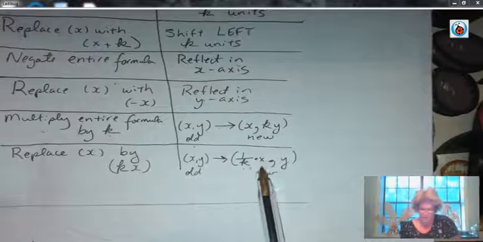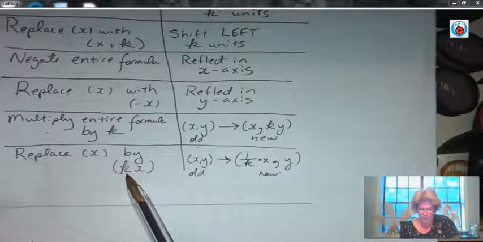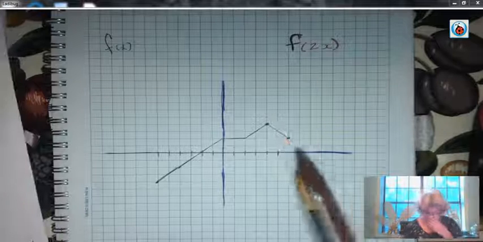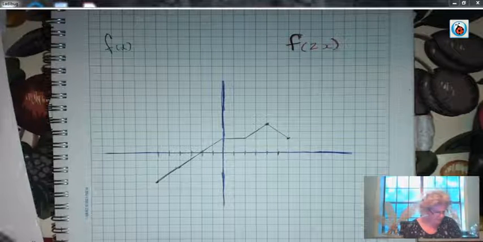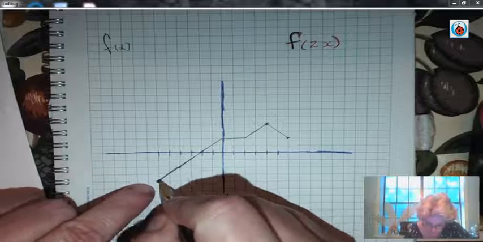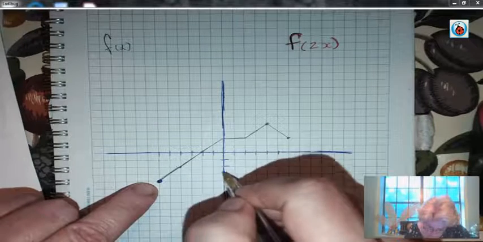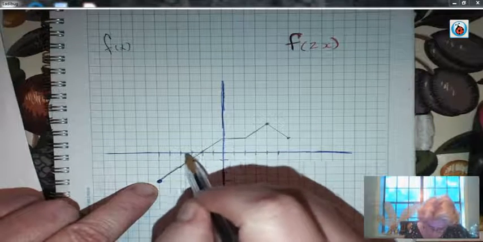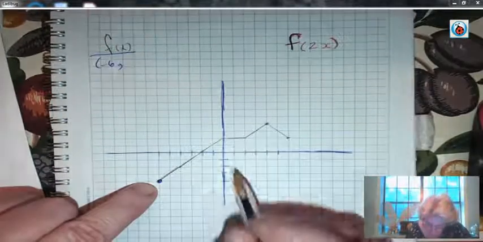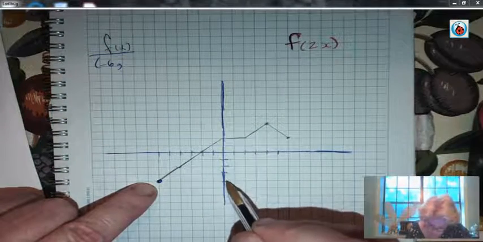There will be a new x-coordinate, and it'll be 1 over whatever this number is. So, a way to see this is we might want to make a list of points that are easy to identify. So, this point is 1, 2, 3, 4, 5, 6. 1, 2, 3, 4.